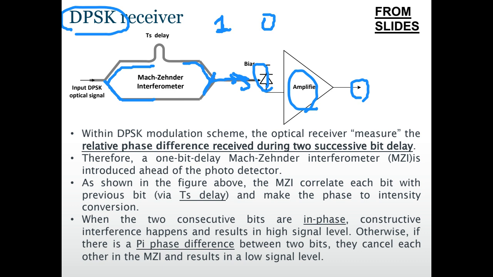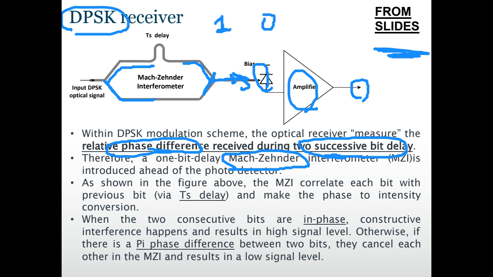So if we look at the explanation on the slides, what we expected, first of all, we have the phase difference between 2 successive symbols. So basically it's BPSK, so one symbol only has 1 bit. So we use MZM with 1 bit delay here.